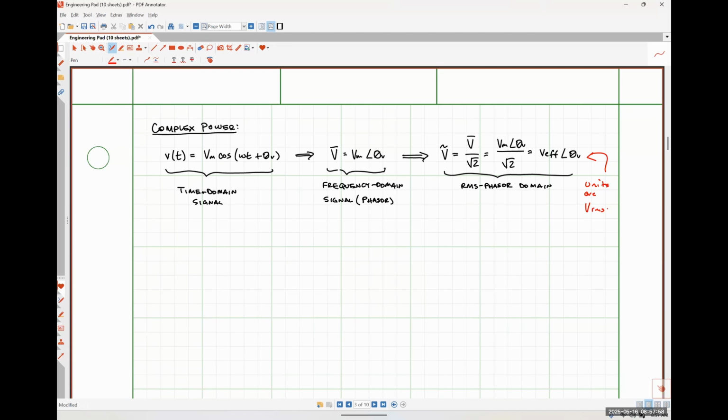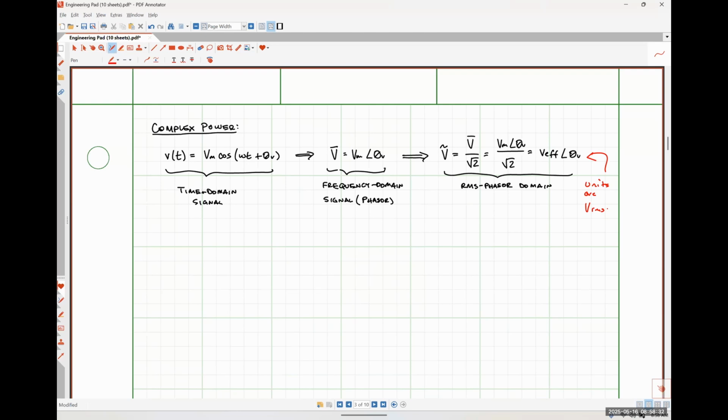If you have a problem, and this is more on the homework side of things, where you're given units of volts and you're asked to do any sort of complex power calculations, the expectation is that you will convert your voltage phasor into an RMS phasor simply by dividing the magnitude of it by the square root of 2. Or you could do everything out and then just multiply your final answer by a factor of 1/2, and that'll get you the same result. But anyway.